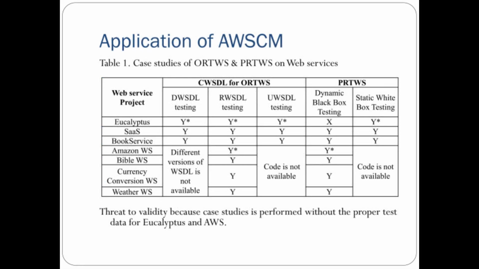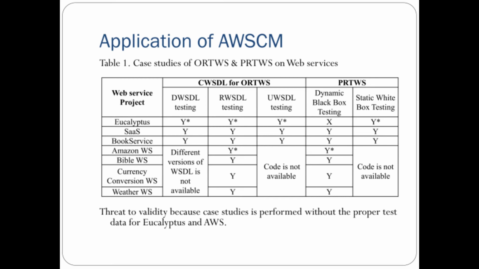Next, these are the case studies, or the web services, on which we executed our tool AWSCM. So DWSDL, RWSDL and UWSDL testing are done on Eucalyptus, SAS and the book service. Then dynamic black box testing and static testing are done over these top three.